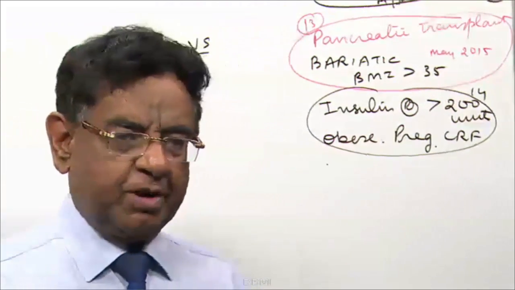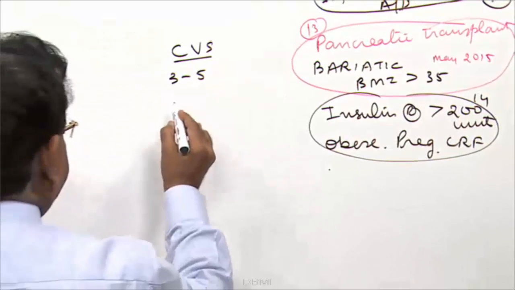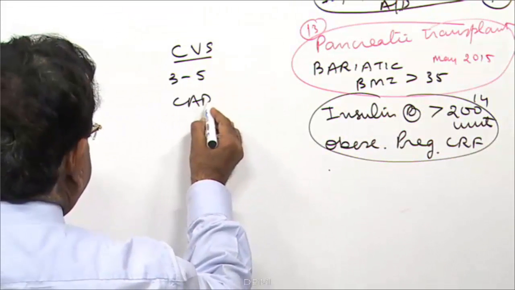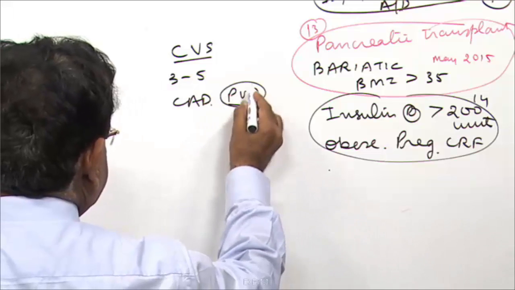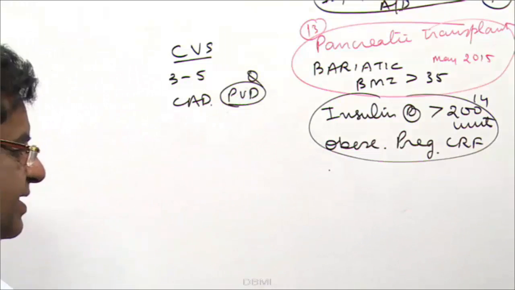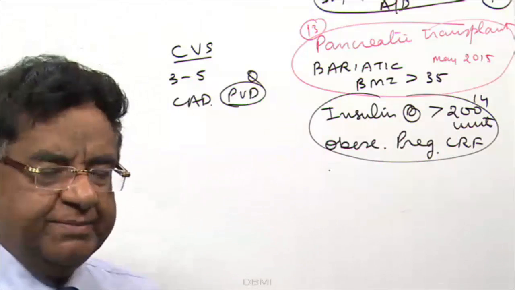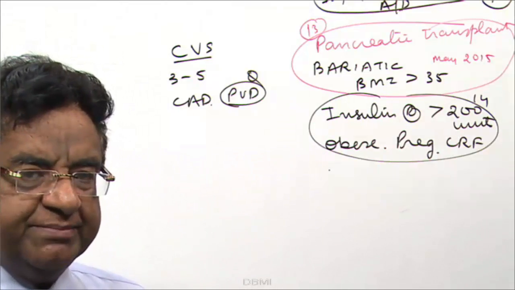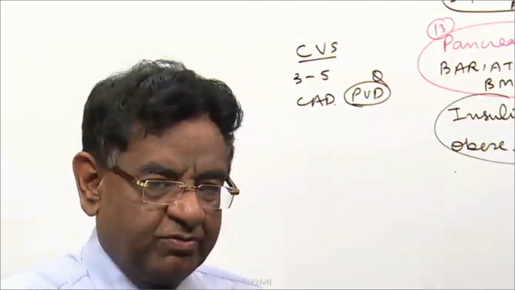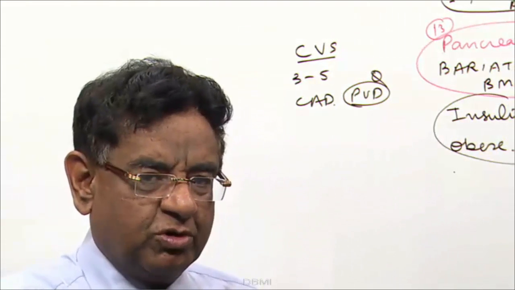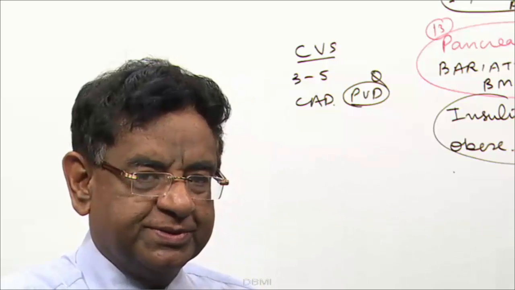The typical problems are coronary artery disease and peripheral vascular disease. This was the latest question in the AIIMS May 2015 exam, that particularly diabetes involved. Of course, it involves CAD, but it also causes peripheral vascular disease.